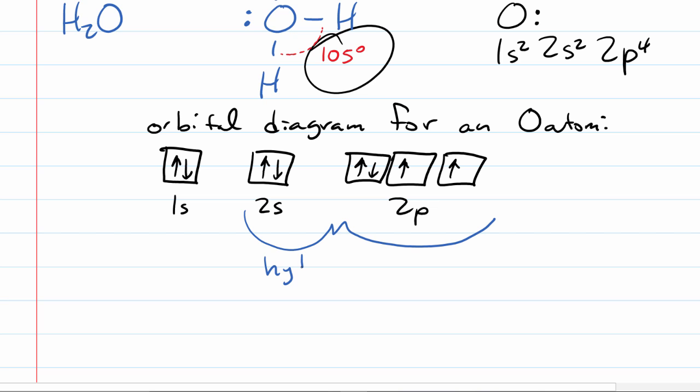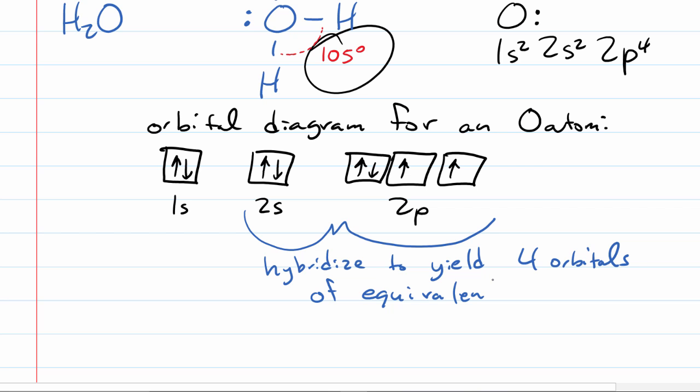And so what we say is that these orbitals here hybridize to yield 4 orbitals of equivalent energy. So you recall that S and P's do not have equivalent energy. P's are more complex than the S, which means the P's actually have more energy than the 2S.